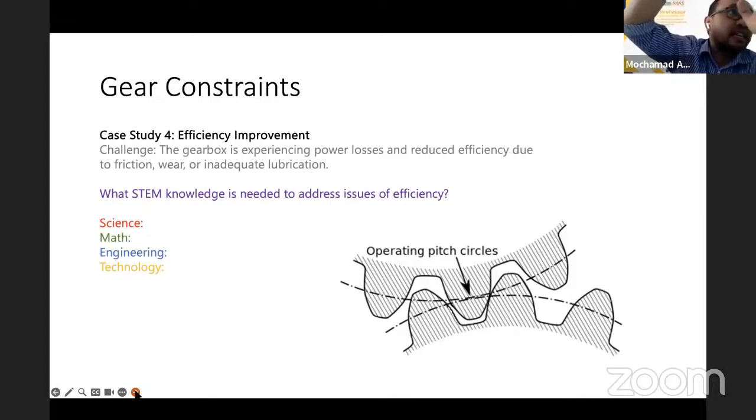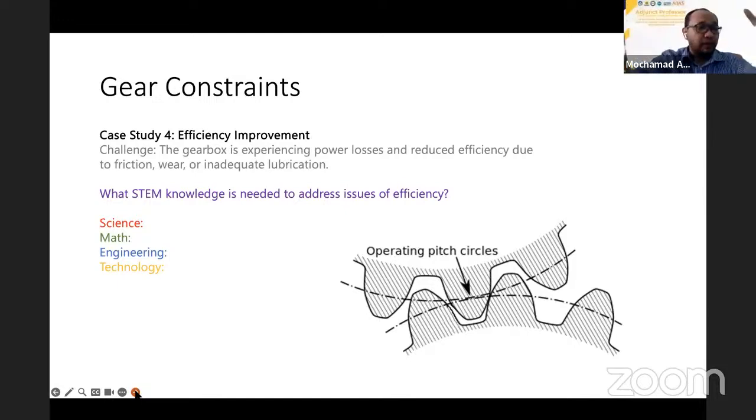Kemudian gesekan-gesekan juga harus diminimalisir. Bagaimana caranya? Yaitu mungkin perlu ada lubrikasi di situ, ada pelumasan di situ. Kemudian di sini juga adanya wear. Wear itu kerusakan karena sering dia bergesek. Karena seringnya bergesek dia akan terjadi wear.